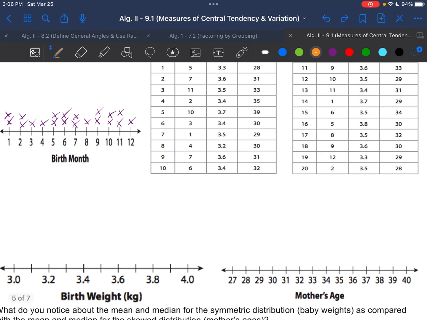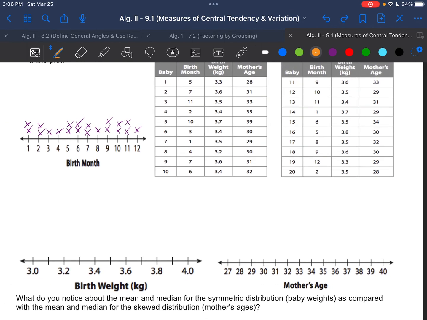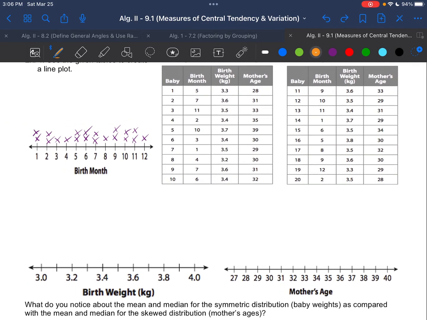Now we're going to also do the birth weights. So 3.3 and so on and so forth. So go ahead and complete this one, and you can feel free to complete the mother's age as well.